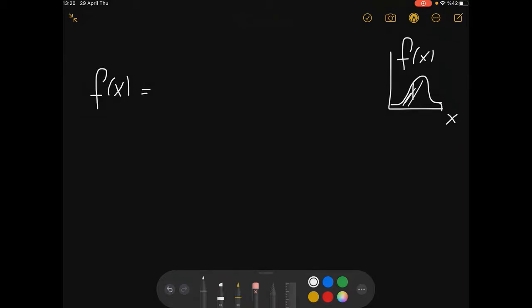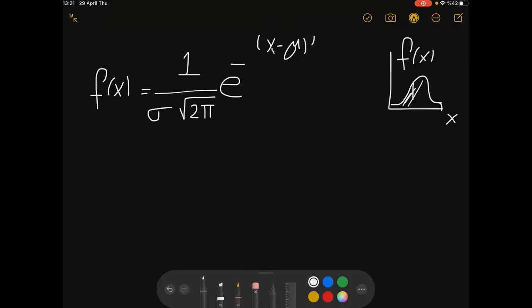This is its function as given in the textbook: 1 over sigma times square root of 2 pi, times e to the power of minus (x minus mu) squared over 2 sigma squared, where x is going from minus infinity to infinity.